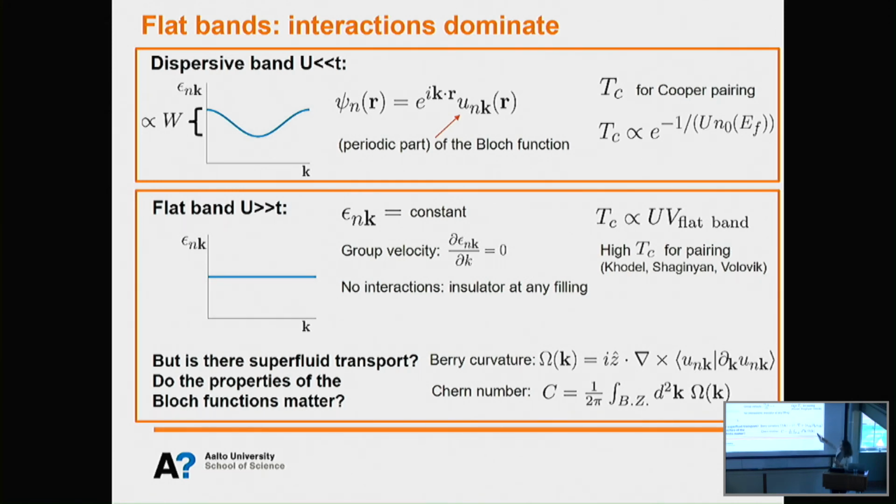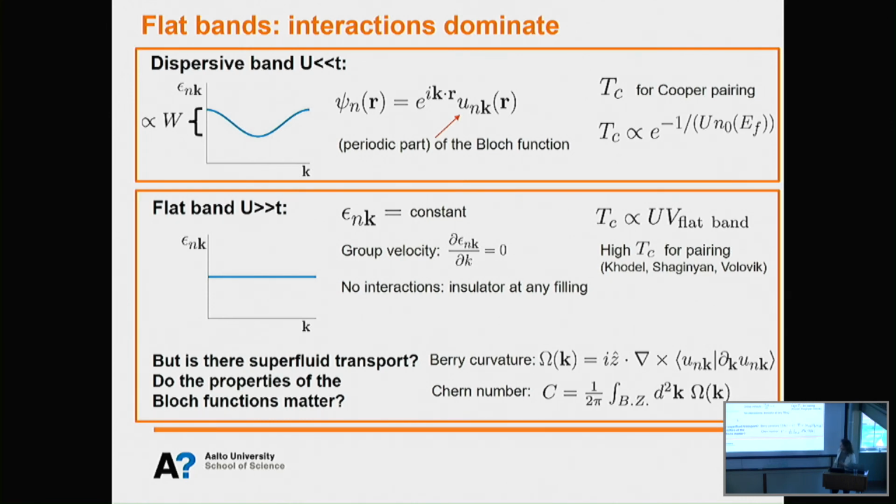Okay, but this prediction has been there for a while, and we wanted to ask: is it actually a superfluid? Because your naive picture of a flat band is that nothing moves because group velocity is 0. And actually, if you do the simplest theory of superfluid weight or superfluid density, it's 0 because of this.